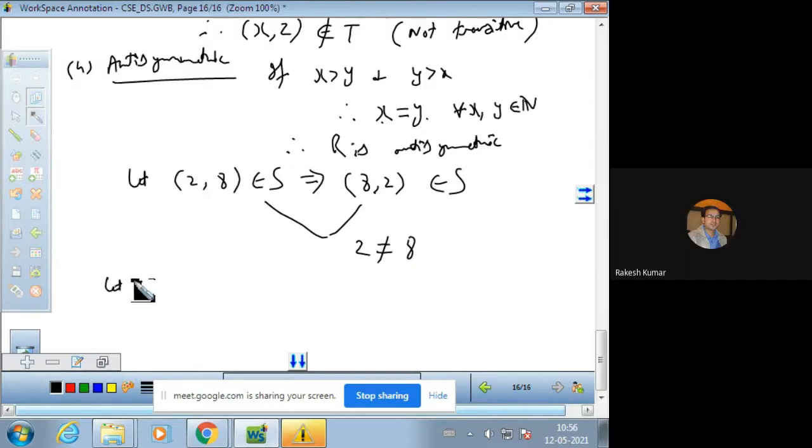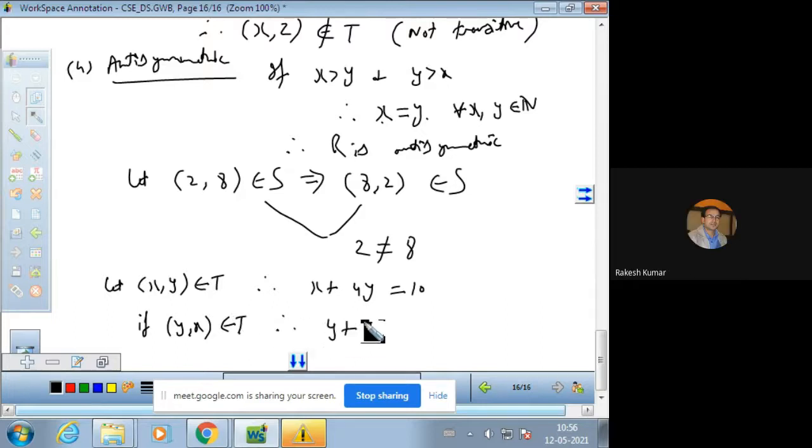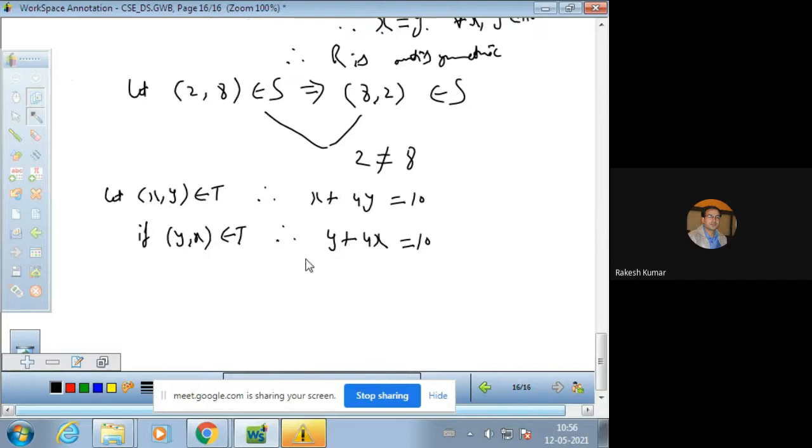For T, let (x, y) belong to T, therefore x plus 4y is equal to 10. And if (y, x) belongs to T, therefore y plus 4x should also be 10. Combining these two, if x equal to y comes out, then it is okay. We have right hand sides the same, 10 and 10, so the left hand side should also be equal to the left hand side of the second equation.